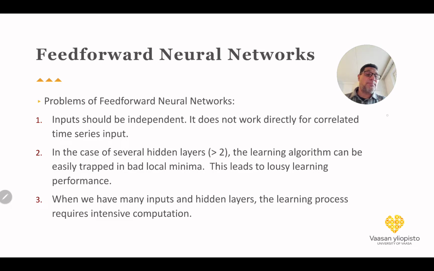So if you have x1, x2 up to xm, and we have the output y, then for the first car we put the values here, for the second car we put the values here, for the third car we put the values here. But between those cars, they should be independent of each other. So it is the attributes and the price for each car.